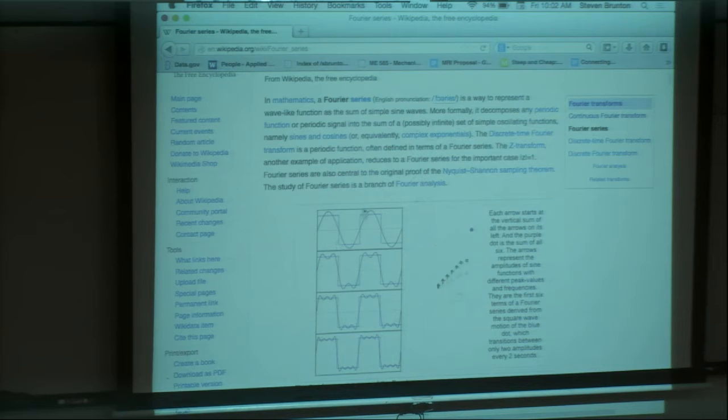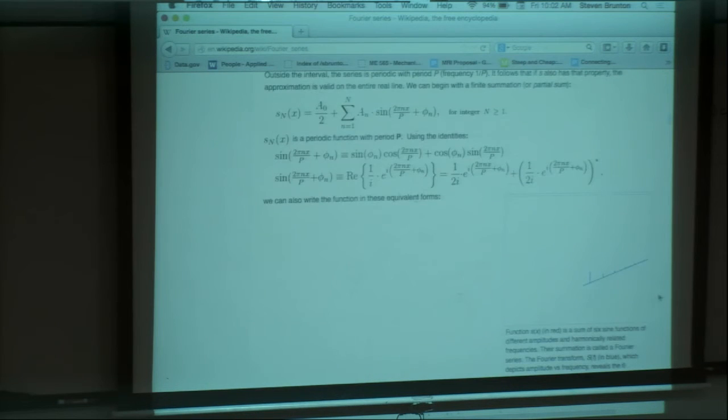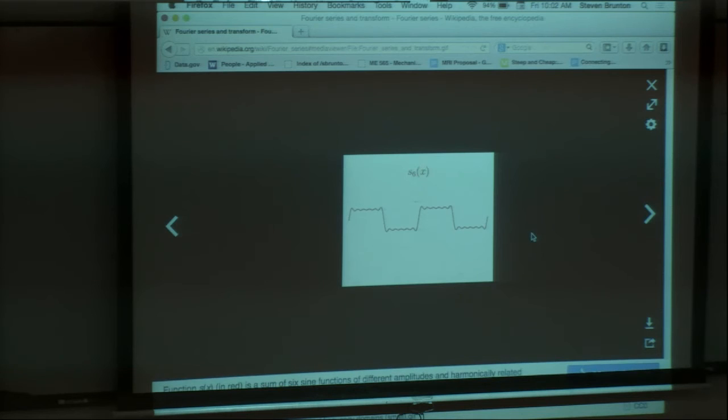This is my step wave, my square wave approximated with 1 sine, with 2 sines, 3 sines, 4 sines, and so on. It just gets better and better the more of these sines you add. And there's this great visualization here. Let's see if I can make this bigger.